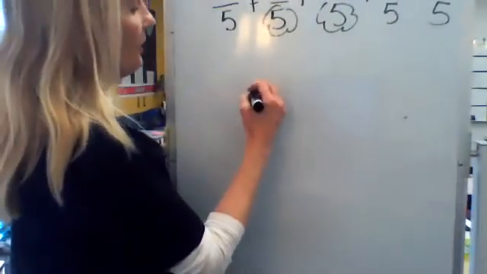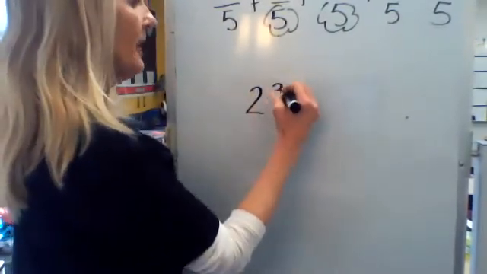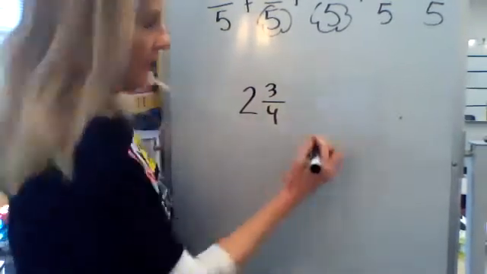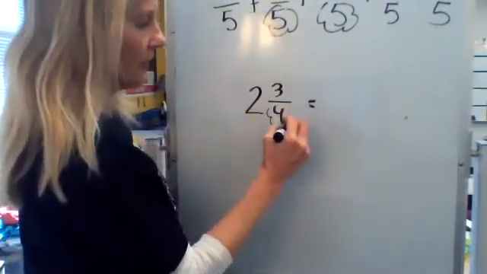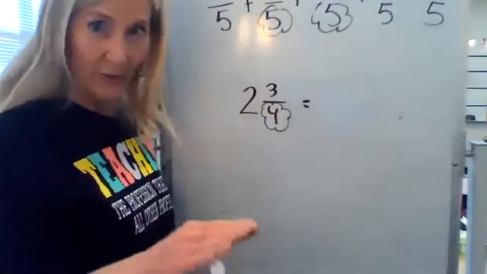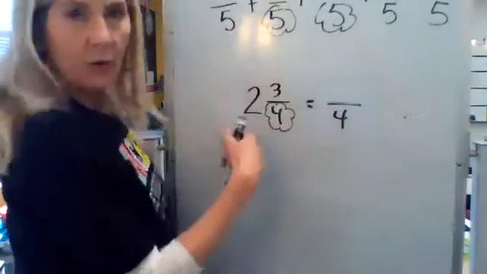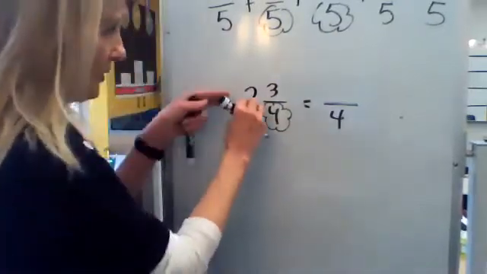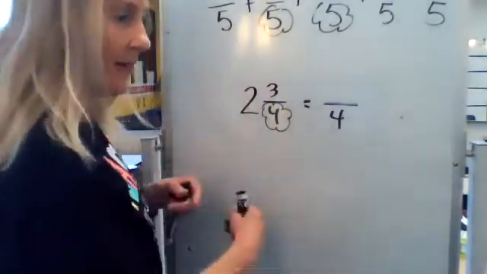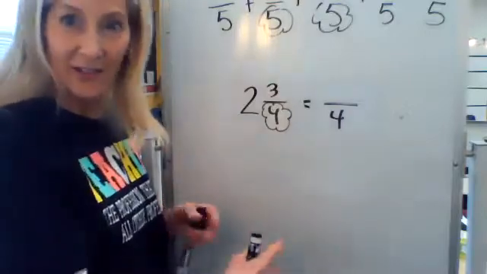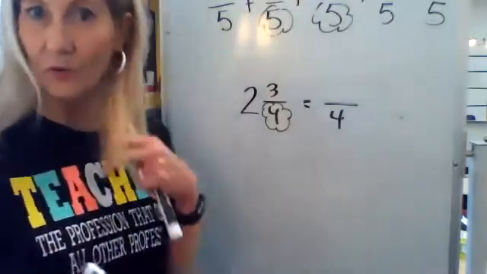What if we just saw 2 and 3 fourths? And someone said, okay, I see we're working with fourths because we always get grounded with our denominator first, right? And they're asking you, okay, how many fourths is that altogether? If you were to take the 2 wholes and break them apart and put those 3 fourths out, how many fourths would you have altogether when they're not put together into wholes?